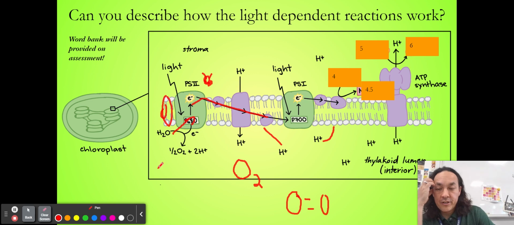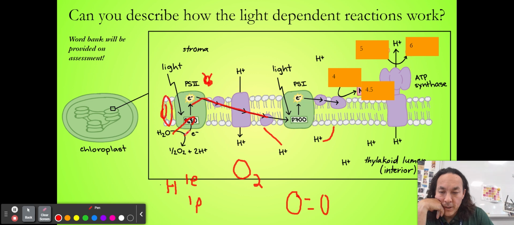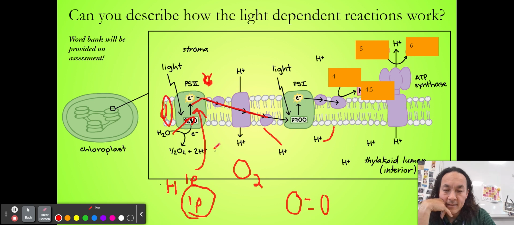From the H, the hydrogen in the water, the hydrogen has one electron and one proton. The electron is ripped off and taken into photosystem 2. The proton is now left here, and that is an H+, and it is in the thylakoid space.